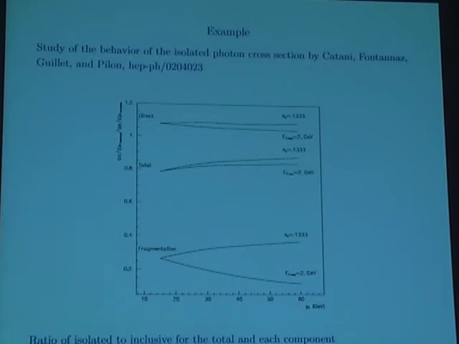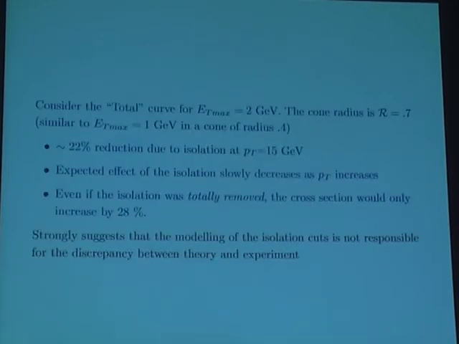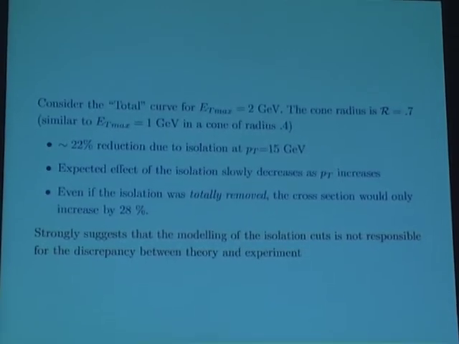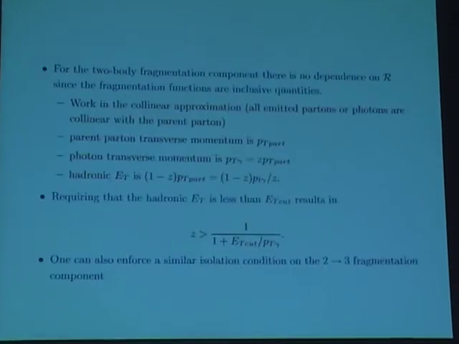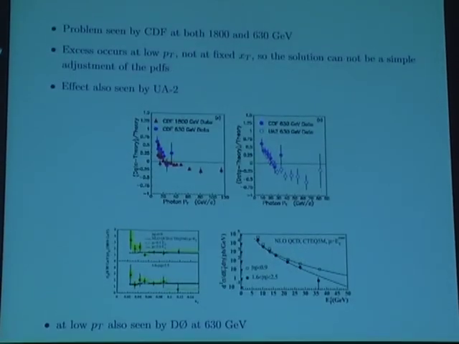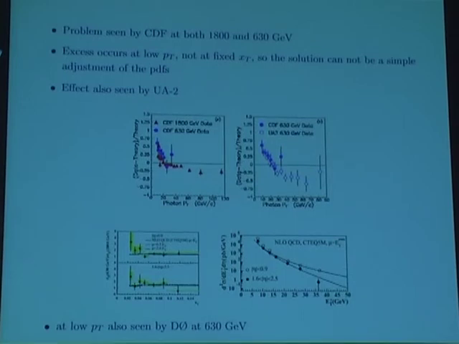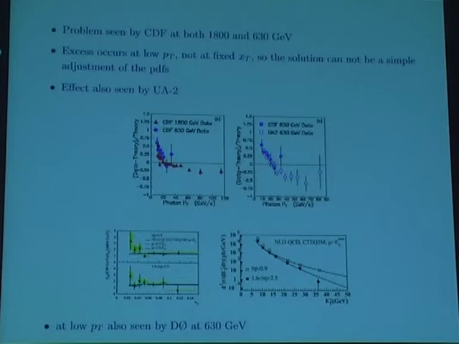So what that tells you is that even if you threw away the isolation cuts, you totally remove them, in this case, you could only increase the cross-section by about 28%. If you look back at some of the data, you notice here that this is data minus theory over theory, and then going up to 100%.